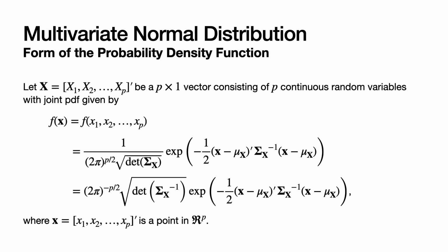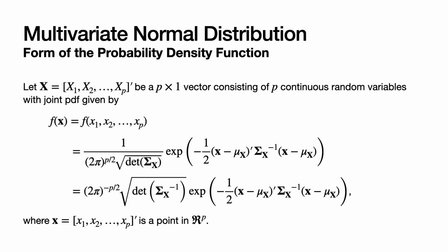The function f evaluated at the argument vector lowercase x, which is equivalent to the function f evaluated at x1, x2, and so forth up to x sub p, is equal to 1 over 2 times pi, that quantity raised to the power p over 2, times the square root of the determinant of cap sig, that times the exponential function evaluated at -1/2, times the transpose of x minus mu sub x, pre-multiplied against the inverse of cap sig sub x, which is then post-multiplied again by x minus mu sub x.